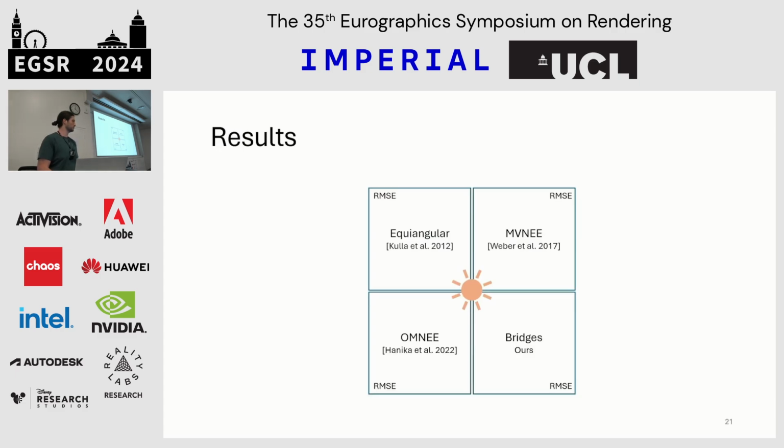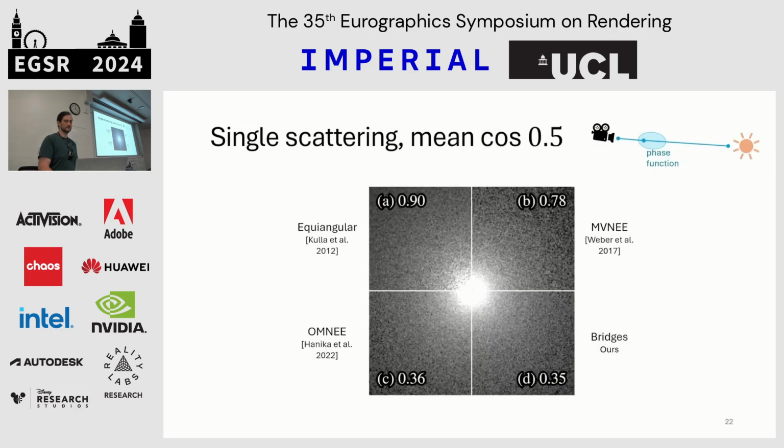I'll show the root mean squared errors in the corners. If we just go to single scattering and moderate forward scattering, all of them still do relatively well. Even though equiangular does not sample the phase function here, it's not so important to do so, and it is slightly worse, but not much, than the others.